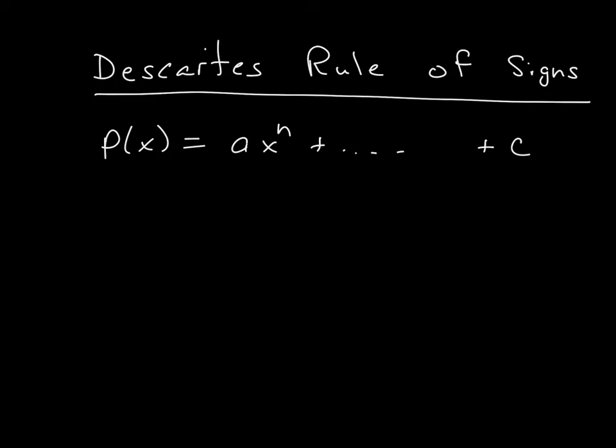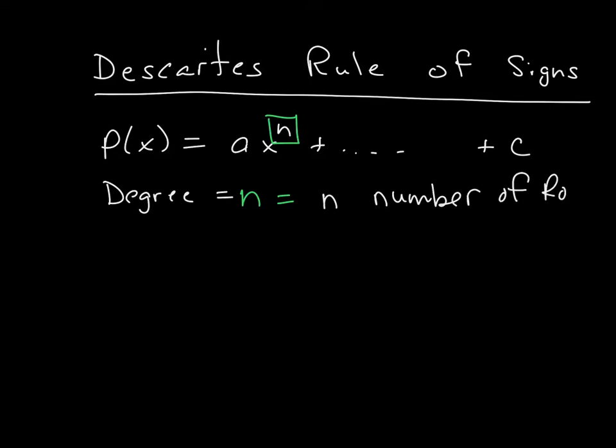First thing is the degree. Once you know the degree of the polynomial, you know that the polynomial has n number of roots. Now, these roots can be imaginary, they can be irrational.